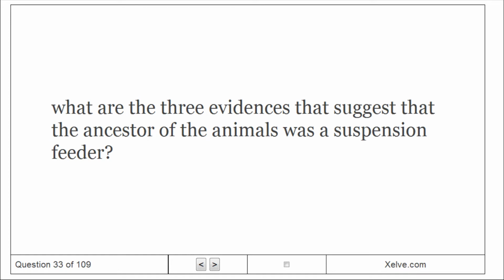What are the three pieces of evidence that suggest that the ancestor of the animals was a suspension feeder?